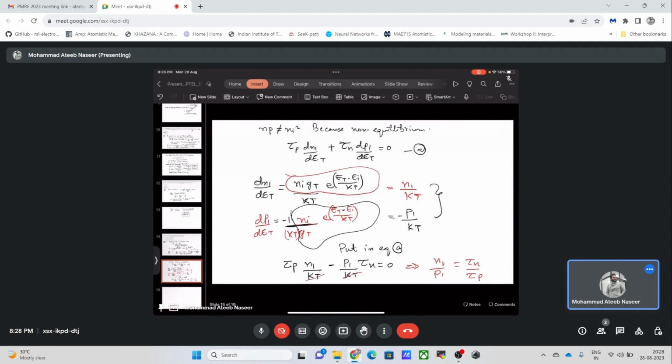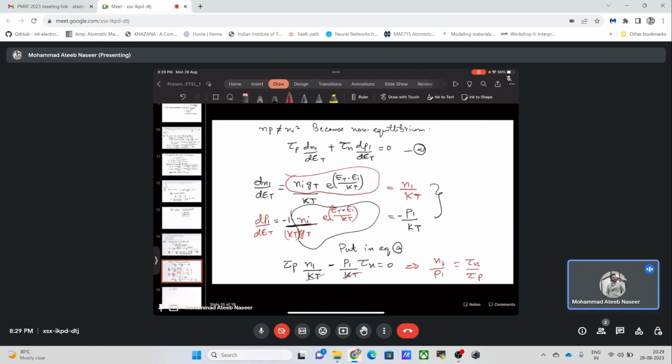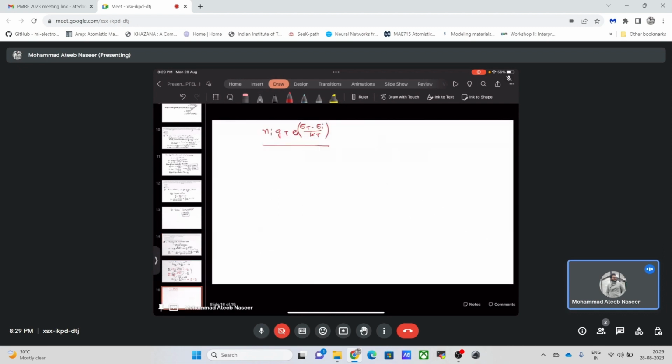Now if I substitute the values of n1 and p1, n1 is ni gt exponential of (Et − Ei)/kT, and p1 is ni/gt exponential of (Ei − Et)/kT, and the ratio is equal to τn/τp.